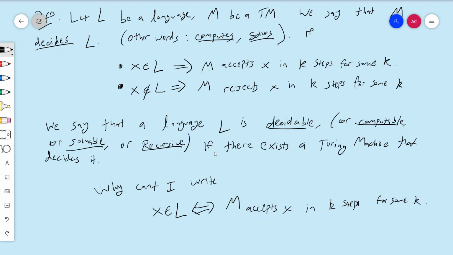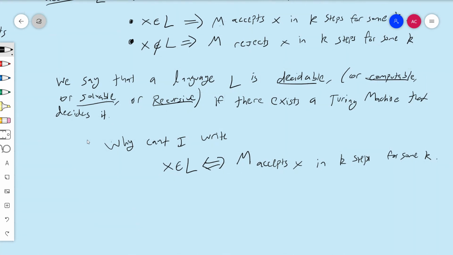And then one last definition, a really important definition. We're going to come up with our first category of problems. We call the set of all recursive or computable problems or languages, again, problems and languages are used interchangeably, R. That's what we're going to define it as.